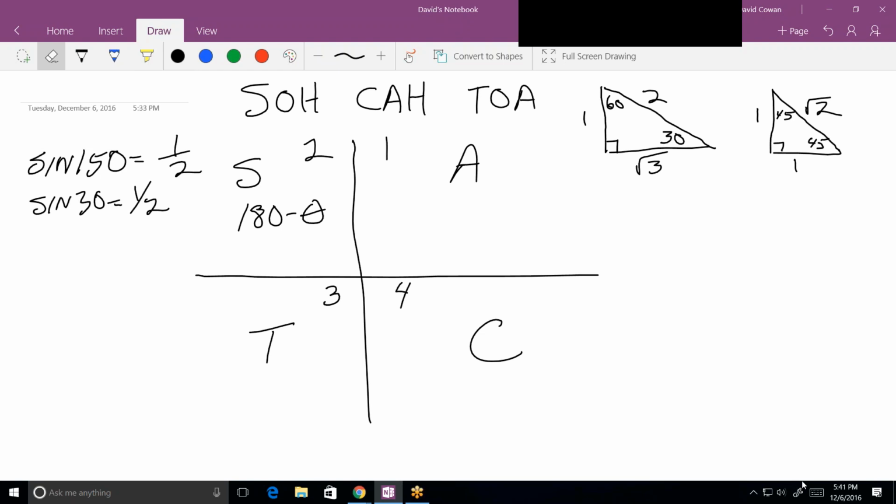Now, in the third quadrant, the formula is not 180 minus theta, it's theta minus 180. So if I said, what is the sine of 210 degrees, what's the equivalent first quadrant angle that we're talking about?